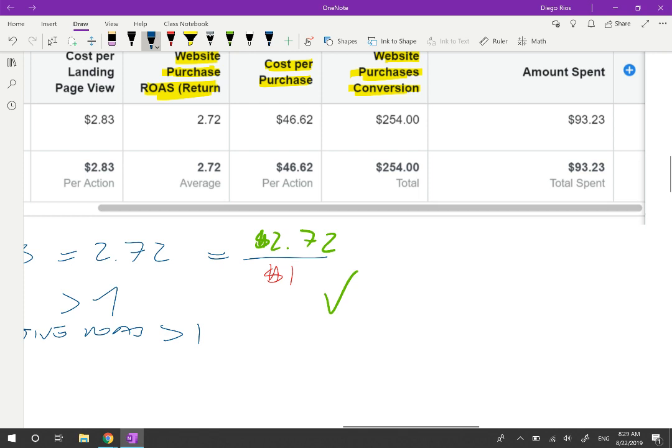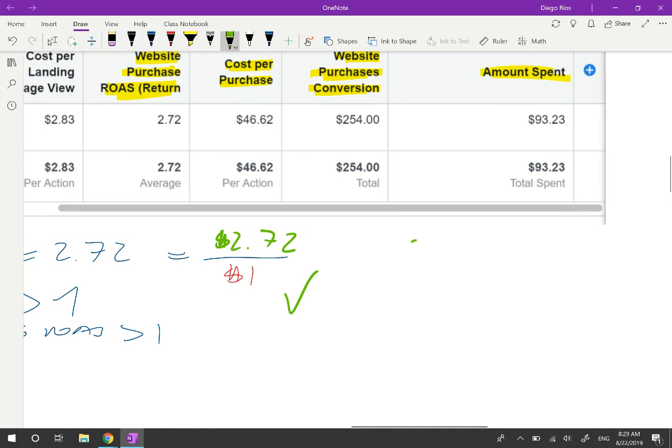And so if you take these two amounts, right? So my revenue, and in this case, we're going to put 254. If you divide this by my cost, or my investment, 93.23, what this gives you is a 2.72 return on ad spend, right?